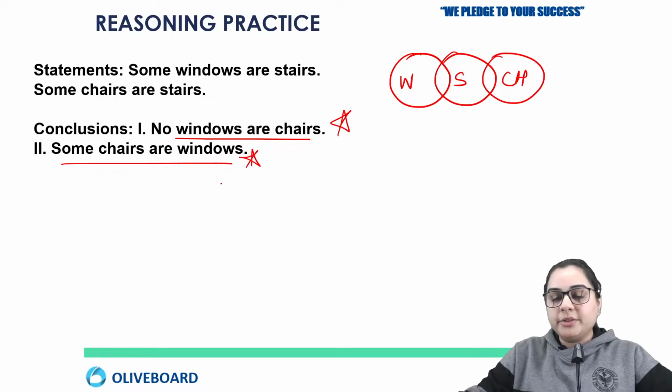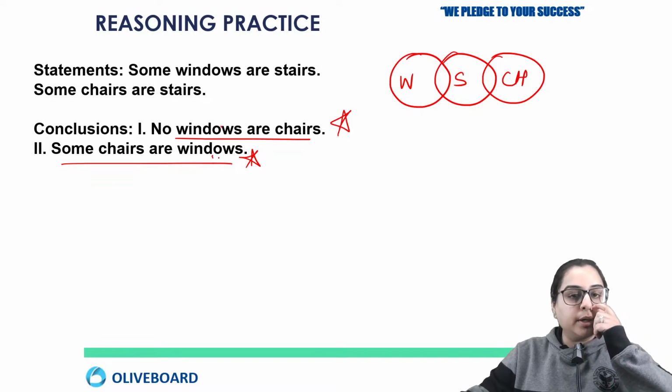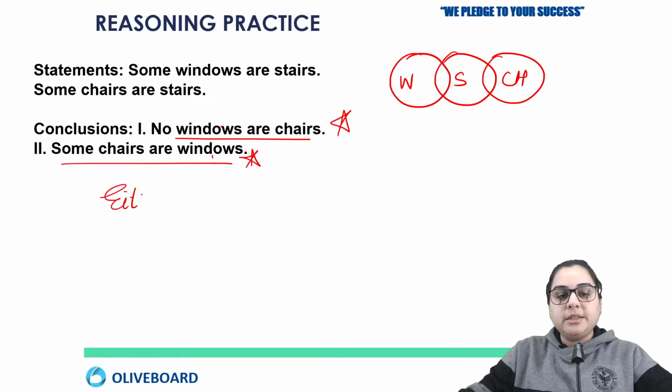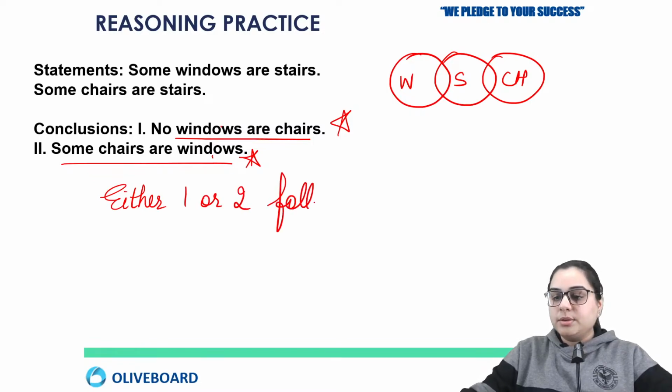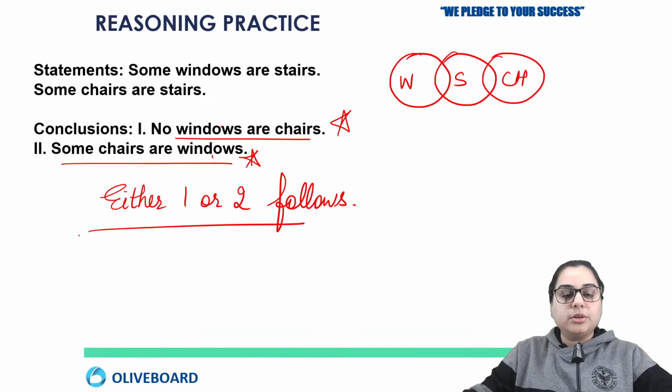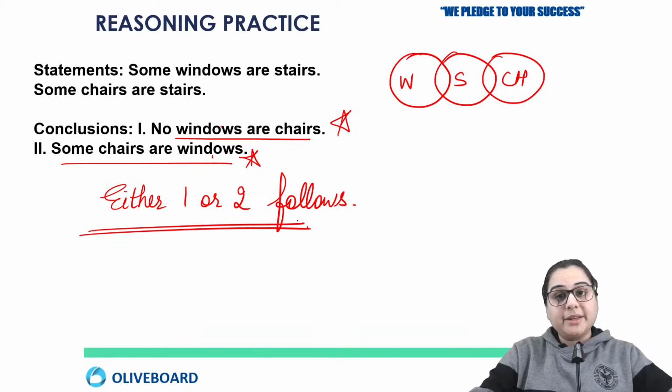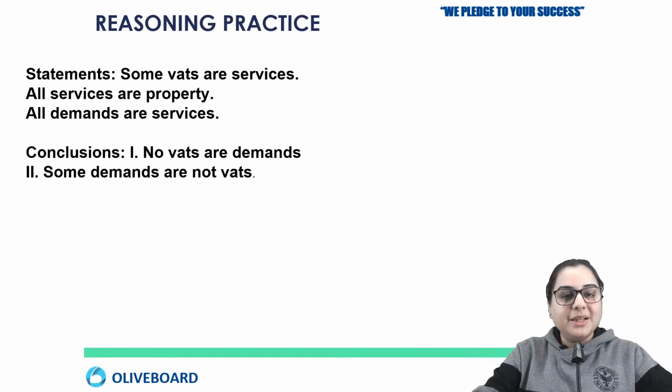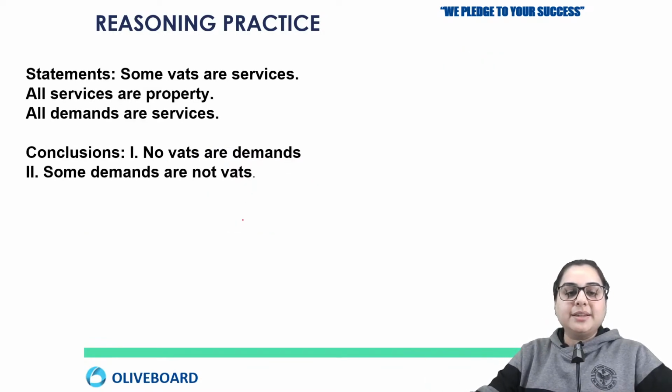This is also doubtful. So both of them can make a pair for either or. So the answer here will be either 1 or 2 follows. So Kavya and Eva, both of your answers are correct, but I am expecting answers from the rest of the students also. Okay, so now let's try the next question.